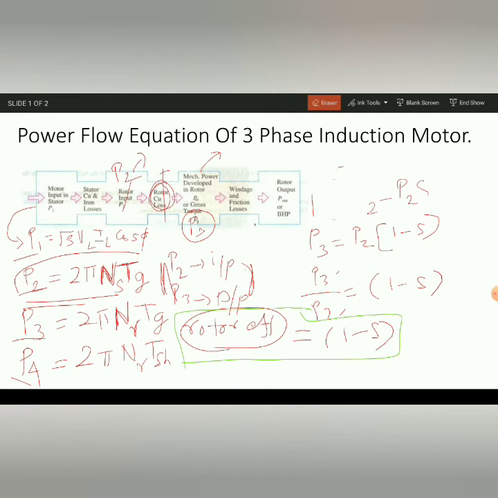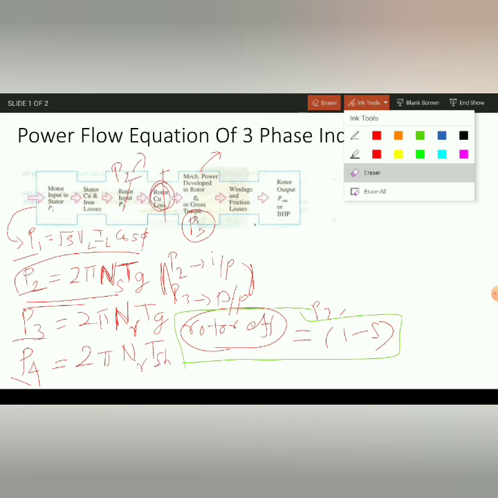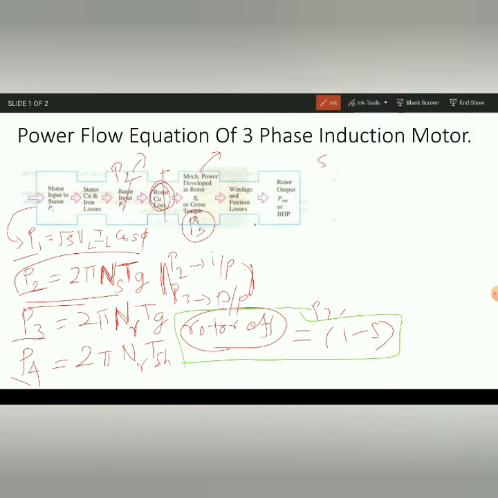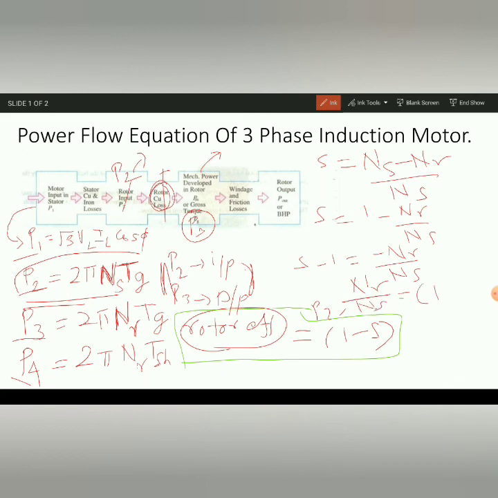The next formula is equivalent to 1 minus S. We can derive this from the slip formula. What is the slip formula? We can recall slip equals ns minus nr by ns. Dividing, slip equals 1 minus nr by ns, so s minus 1 equals minus nr by ns, and then nr by ns is equal to 1 minus s.